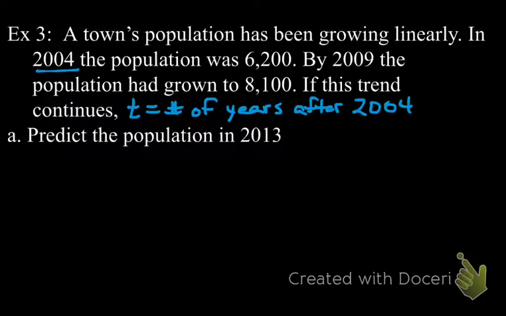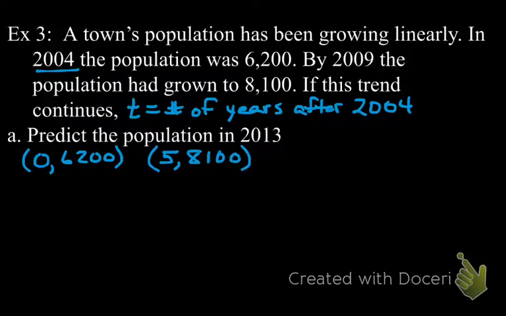Okay, now based on that, we get a couple of ordered pairs. The first ordered pair would be 0, because in the year 2004, the population was 6,200. The next ordered pair, 2009 is 5 years after 2004, so we would say 5, comma, 8,100.